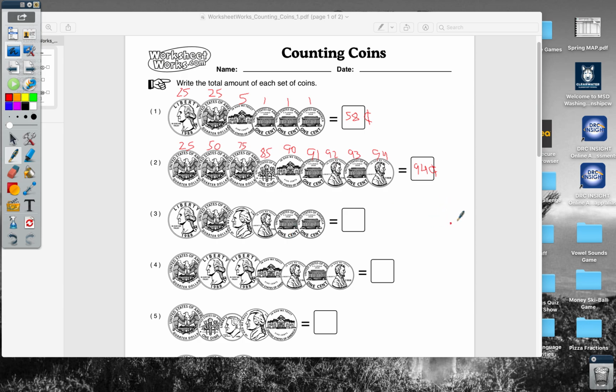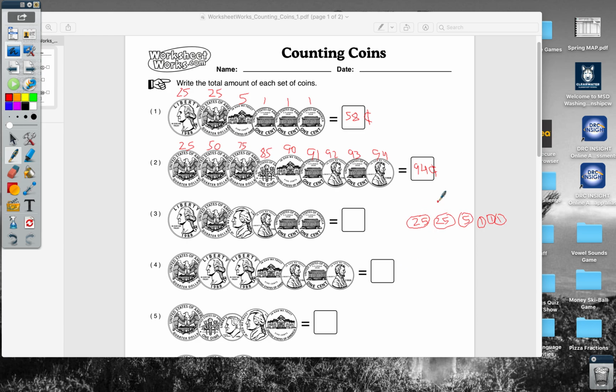So you could write 25 on your paper and then write another 25. And then you could write a 5. And then you could do the 3 pennies. So on your paper, even if you don't have the pictures of the coins, you can write them like that, and then you're all set.